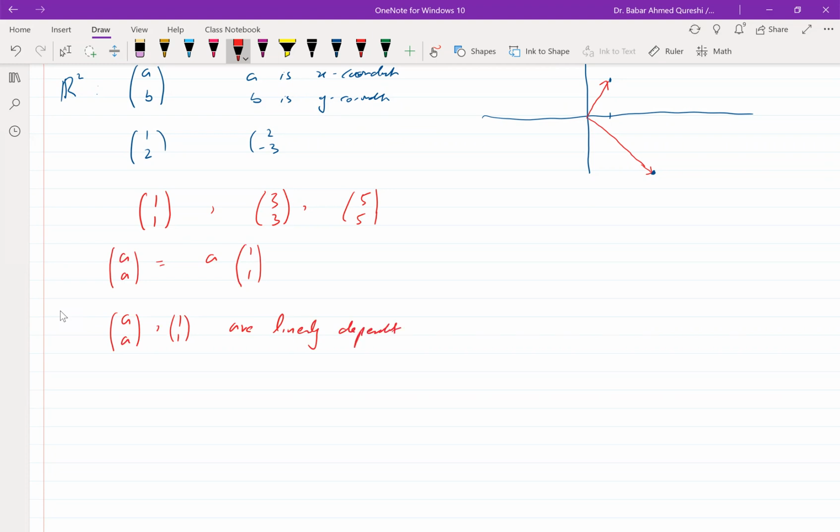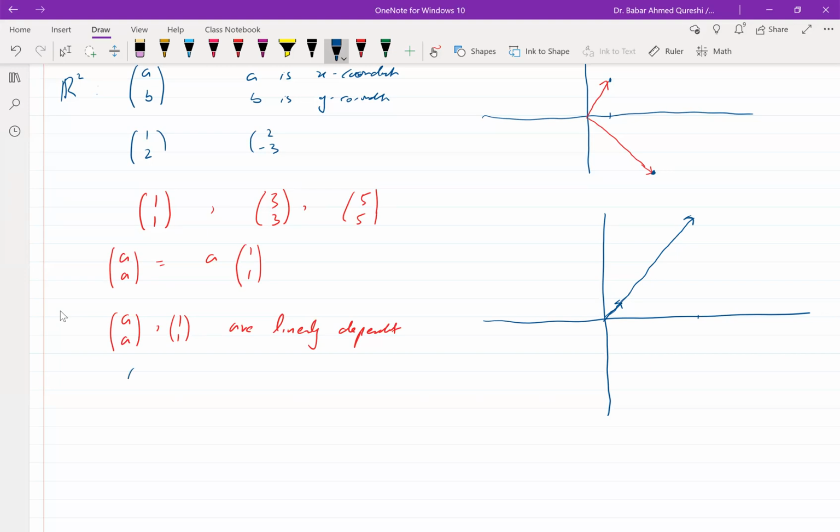But how do they look on this plane? 1, 1 is this one. I pick any arbitrary value of x and any arbitrary value of y, and the y has to be the same. So it's along the same line. So that means these are linearly dependent in R2 if they lie along the same line.